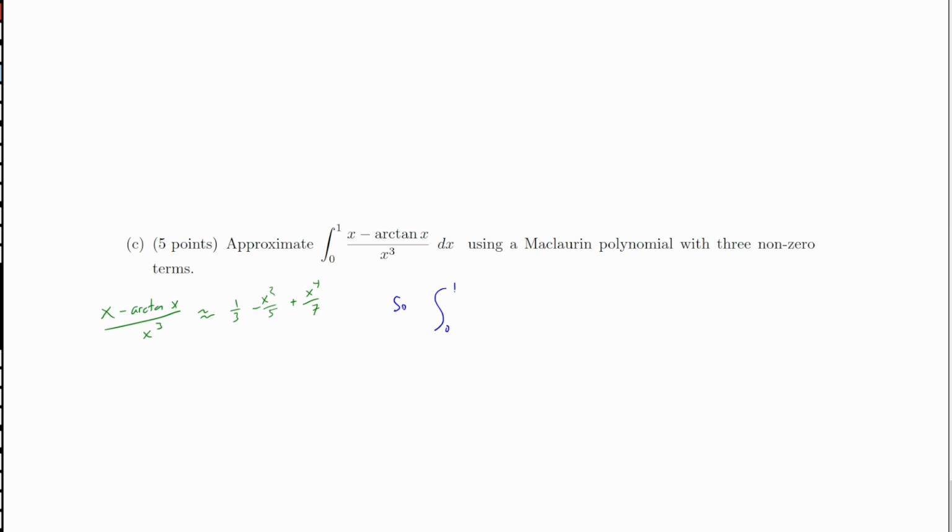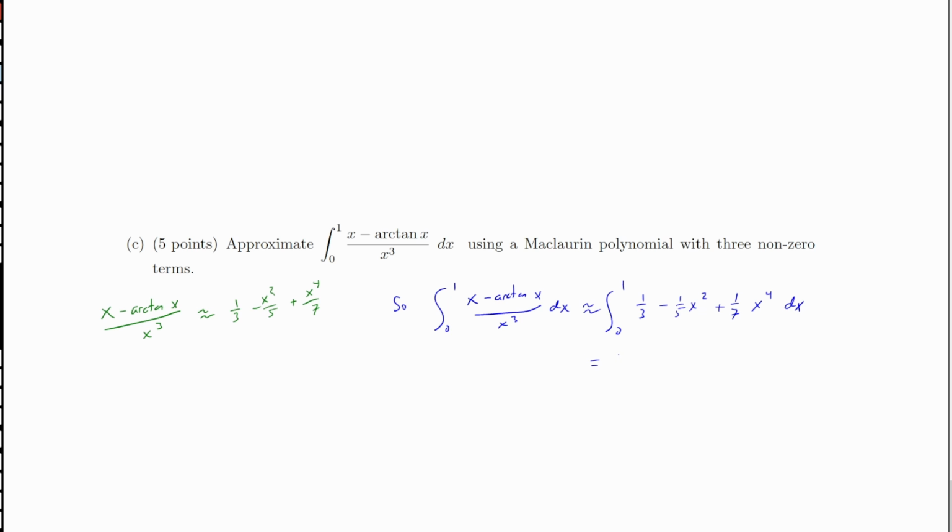So the integral from 0 to 1 of x minus arctangent x over x cubed dx is approximately the integral from 0 to 1 of 1/3 minus 1/5 x squared plus 1/7 x to the 4th dx.